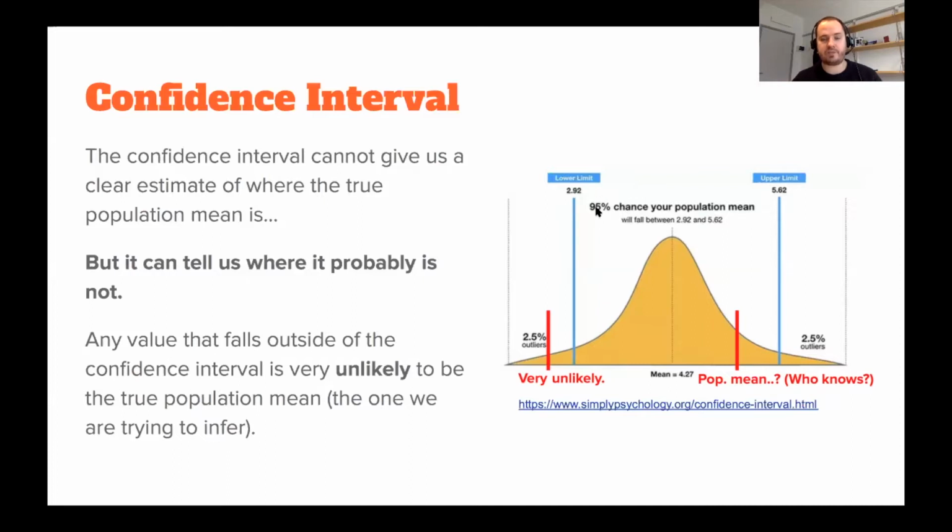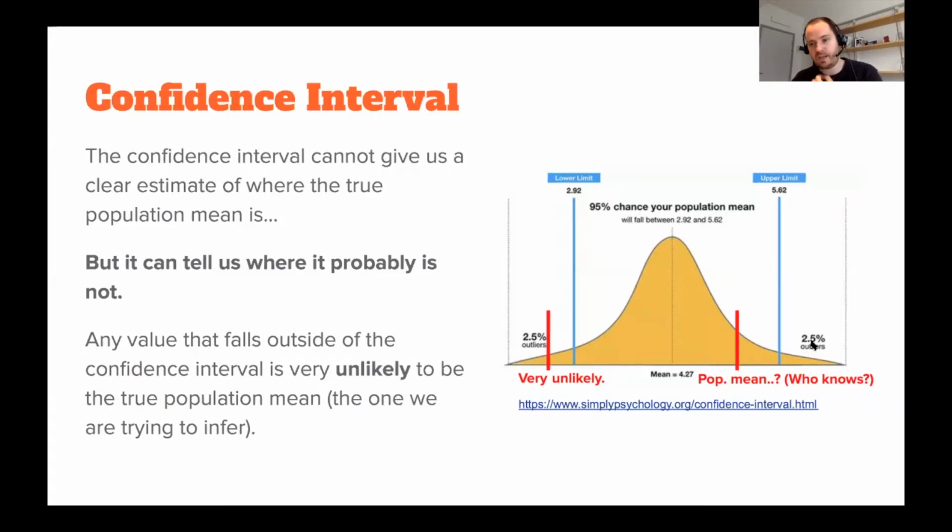So if 95% is here, then 5% must be outside of that. And since the distribution is symmetric, it's equal to the left and to the right, then we assume that there is 2.5% of outliers to the left and 2.5% of outliers to the right. What does it mean to be 2.5% of outliers? It means these are the 2.5% least likely things to happen given this confidence interval that we built.